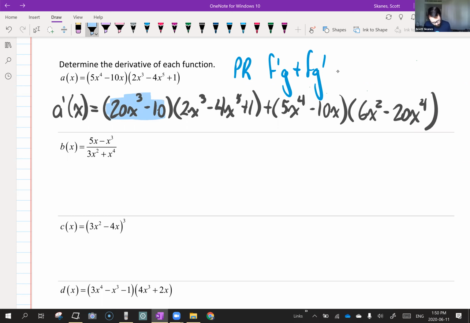F prime, or sorry, f prime, f, g, g prime. I won't write this out every time, but just to be crystal clear here, these are my numbers. Product rule. I'm not going to spend much time on that because most students got that in the bag.